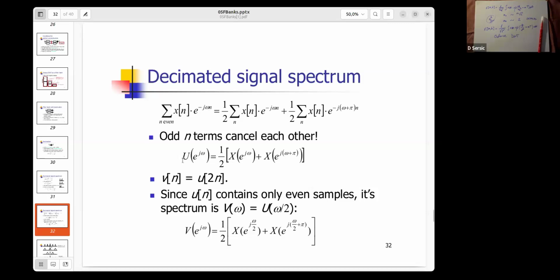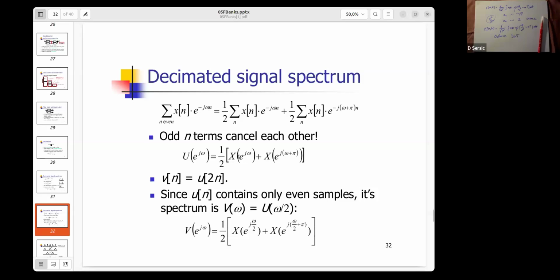Since U contains only even samples, we can say that V is U where omega is divided by 2. So you can just divide it by 2, and this is the expression for the spectrum of the decimated signal. So we have two effects.